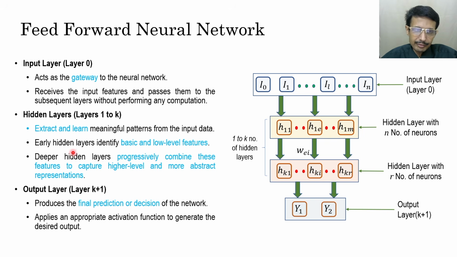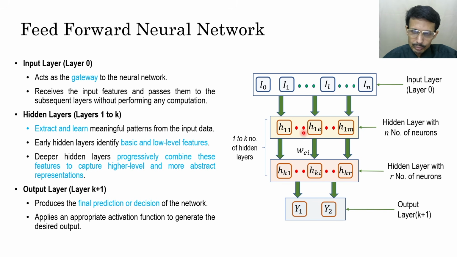Next is a set of hidden layers. It may be one, it may be more than one. The main task in the hidden layer is to extract and learn the meaningful patterns from the input data. As I mentioned earlier, the initial hidden layers, which are very close to the input, basically model very primitive patterns, like geometrical patterns, some straight lines, slanting lines, and very simple curves.